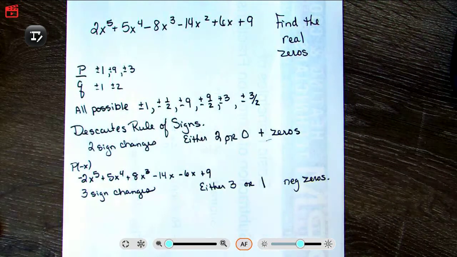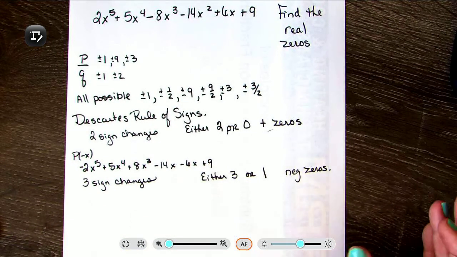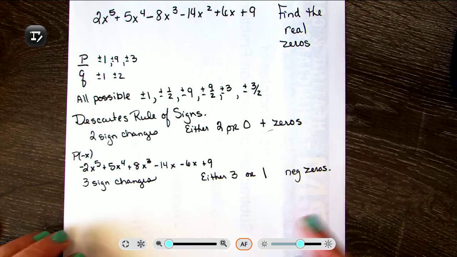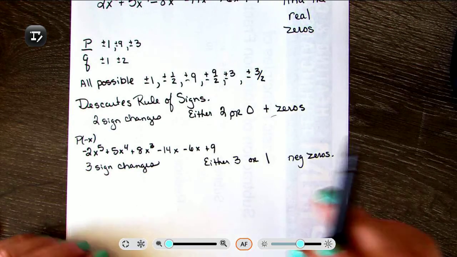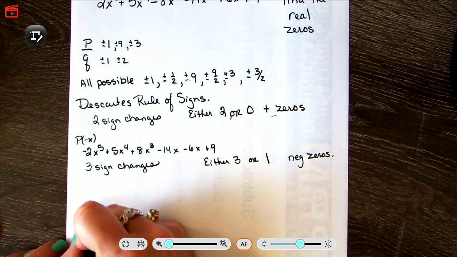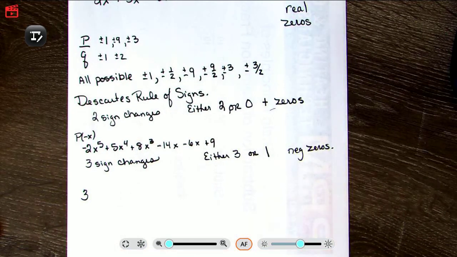So again, this is where we got to kind of get lucky. I'm just going to check a number. I know this one is going to work, but maybe I'll just try one that's not. So let's just try 3. So we're just going to see if 3 is a 0.